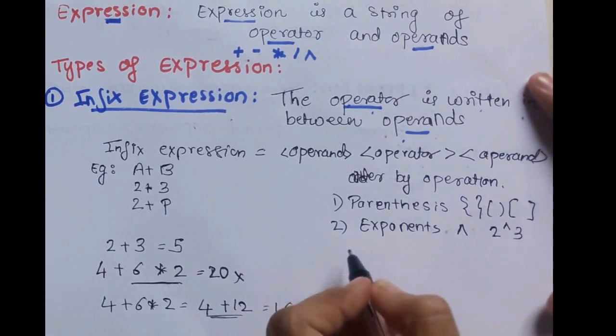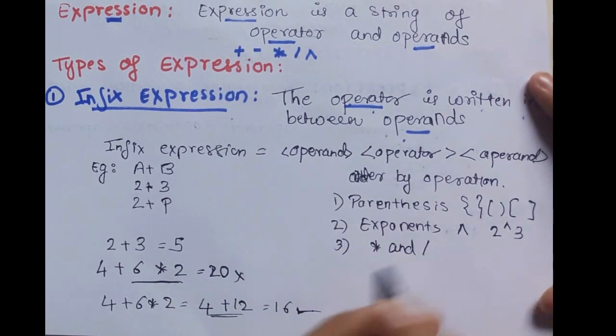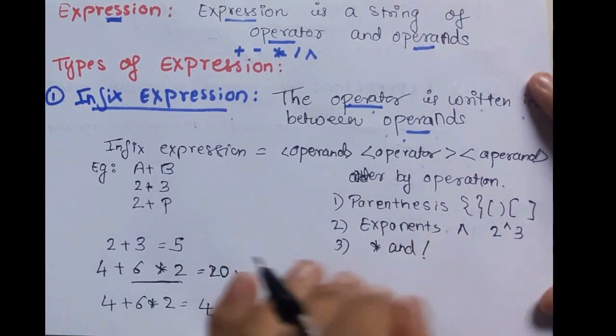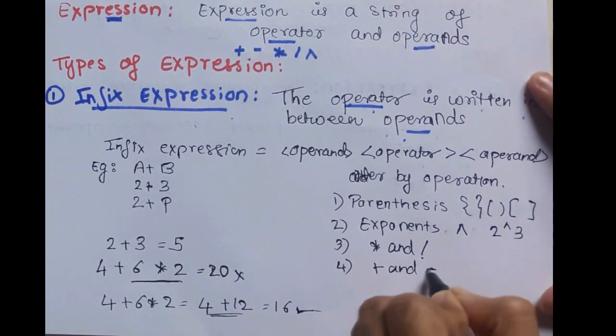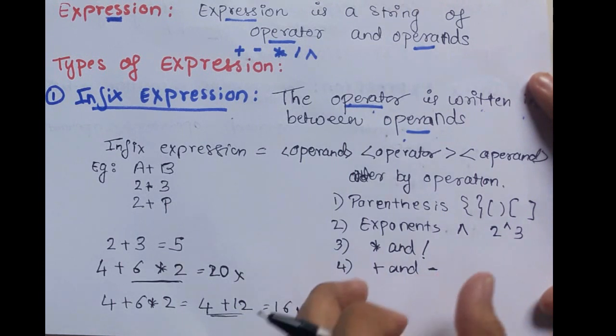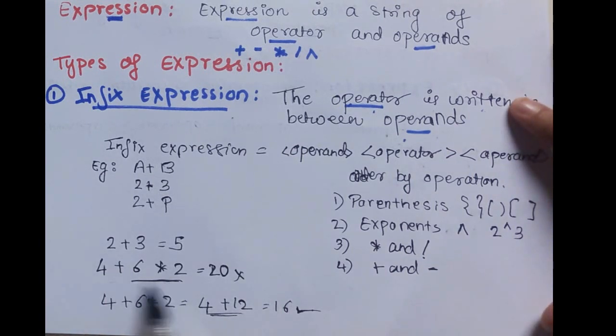Exponents. Third, multiplication and division. So multiplication and division have equal precedence. Fourth, addition and subtraction. Again, addition and subtraction have equal precedence. Okay. So by using the operator precedence rule, we can solve this kind of expressions.